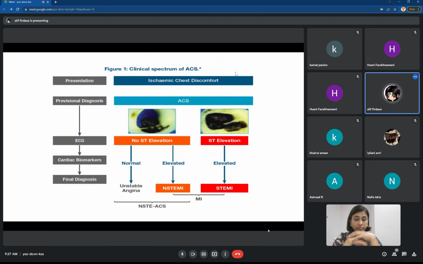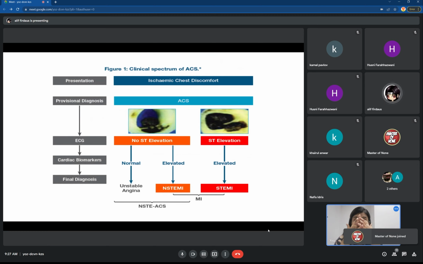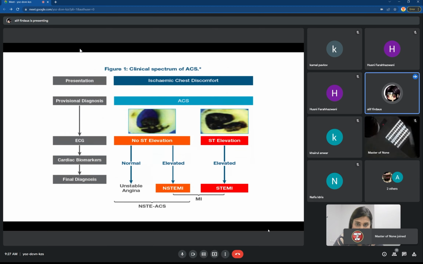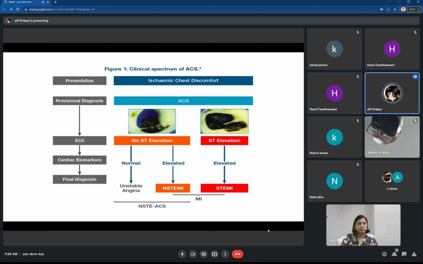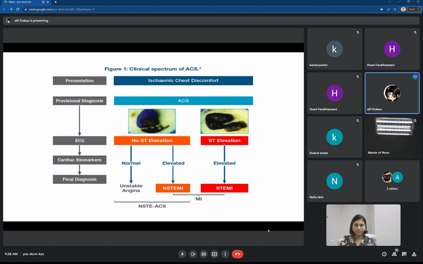First of all, I will remind all of us about the spectrum of ACS. The patient will come with ischemic discomfort, and then we must think about ACS. Usually we take an ECG for the patient and see if there is ST elevation or no ST elevation. After that we send blood for cardiac biomarkers, to see whether they are raised or not.